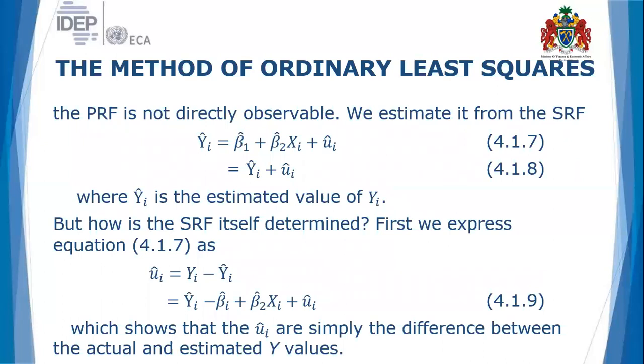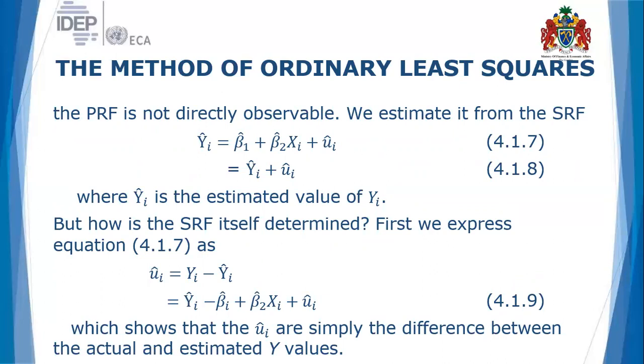The method of ordinary least squares. Look at the population regression function, which is not directly observable. So we estimate it from the sample regression function. In other words, we cannot observe the values of the regression function parameters, but we can only estimate those values using the sample regression function.